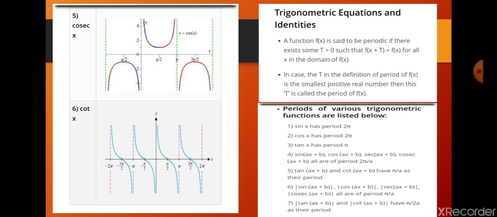Modulus of sine of ax plus b, modulus of cos of ax plus b, modulus of sec of ax plus b, modulus of cosec of ax plus b, all have period pi by a. Modulus of tan of ax plus b and modulus of cot of ax plus b have a period of pi by 2a.